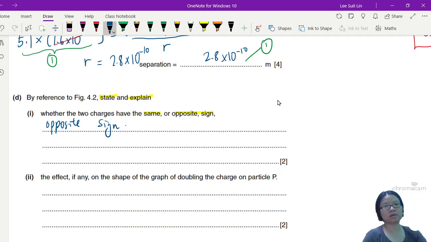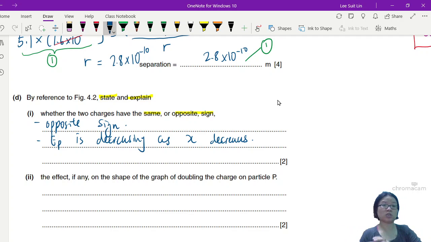But I guess you need to explain it a bit more. So you could say that the potential energy is decreasing as X decreases. Okay, when P and Q are brought closer together. So hence, work is done by the electric field.